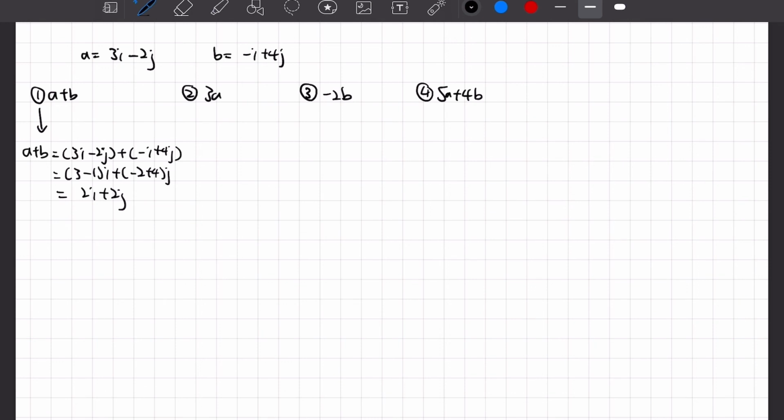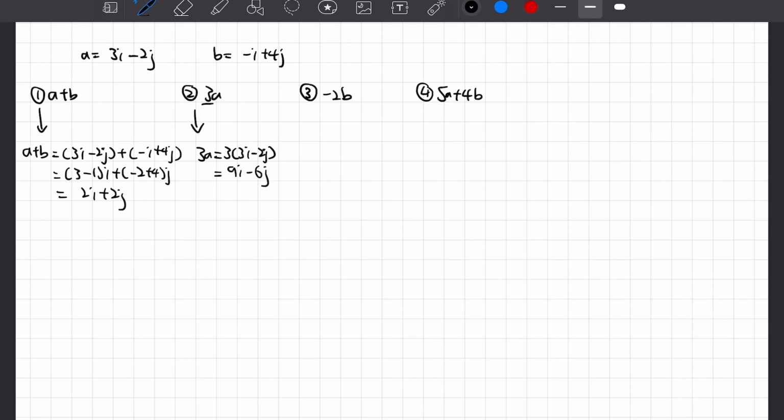Now, for the second question, notice that the 3 here is the scalar. So what you do is use the rule from the scalar multiplication. So 3A equals 3 times A, which is 3 times (3i minus 2j), which is equal to 9i minus 6j.